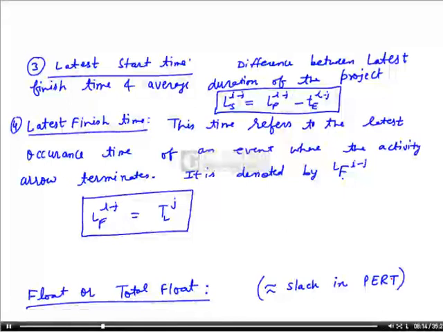So this total float or float is defined as the amount of time by which a particular activity can be delayed without affecting the time schedule of the network. Therefore, since the slack refers to event and hence it is used in PERT, on the other hand float refers to activity and therefore it is used in CPM.